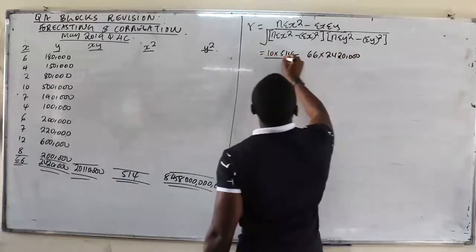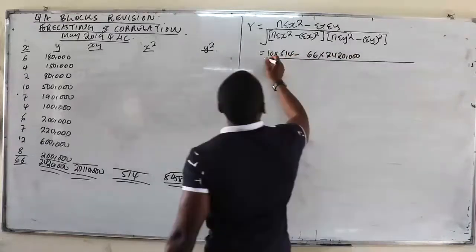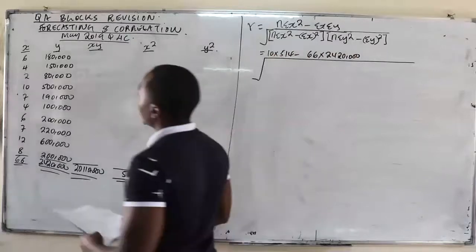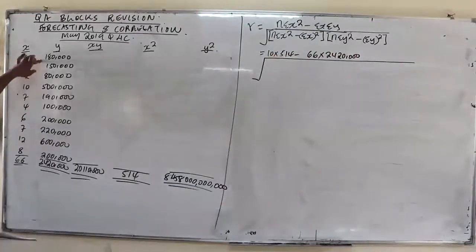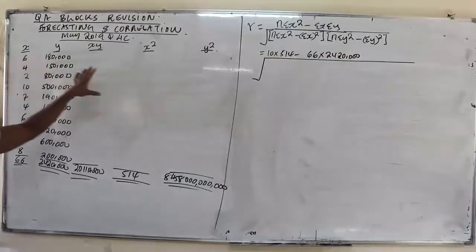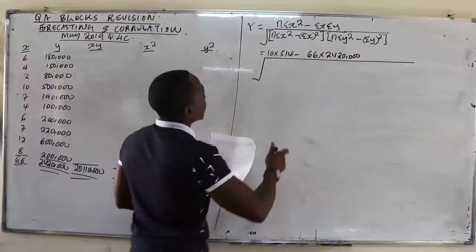It's not necessarily that for Y you have to write 180,000. You can also work with thousands. You just take 180, 150, 80, 500, exactly. It's not a must that you work with those big numbers. So n is 10.